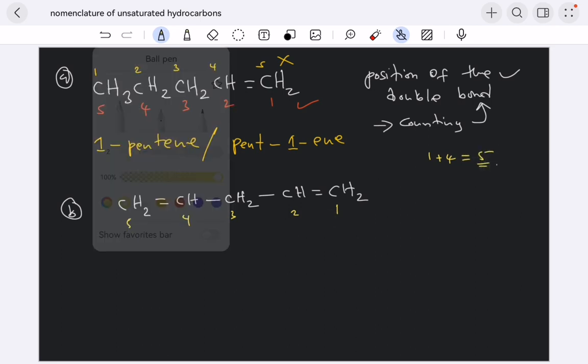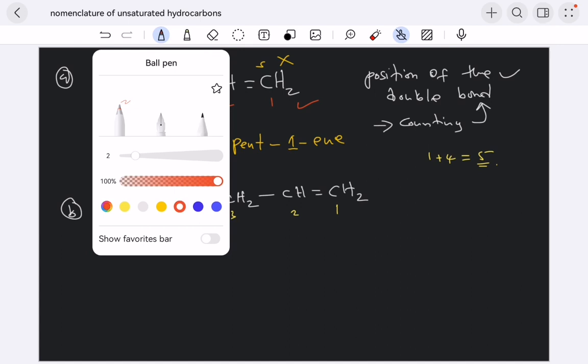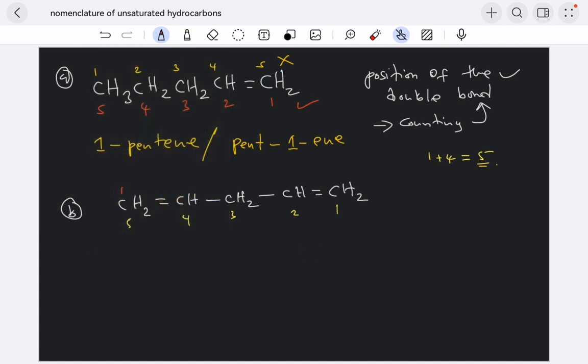If I start counting from the other side as 1, 2, 3, 4, 5, it will still be the same thing. It's 1 and 4. So meaning whichever direction of my counting I consider is going to be correct.